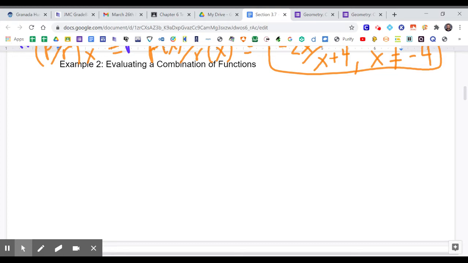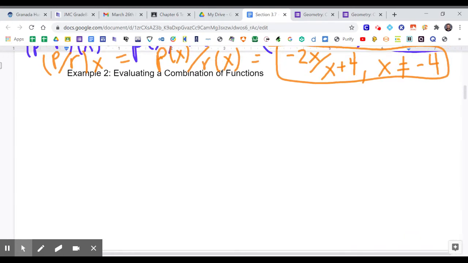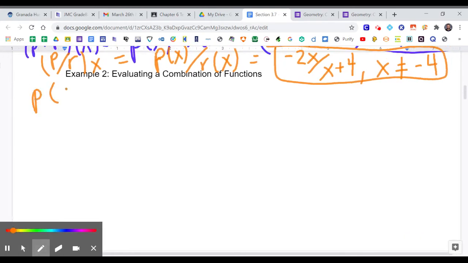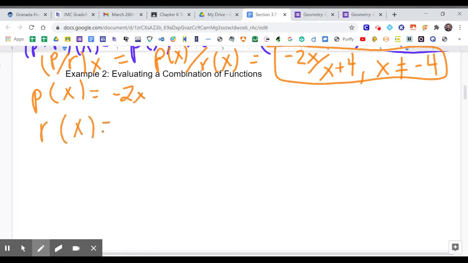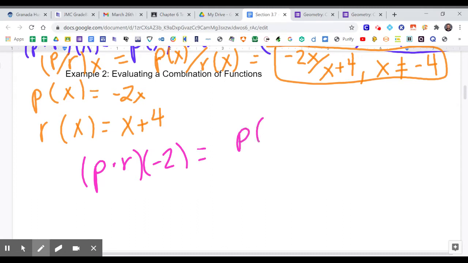So for example, we'll go back to our p of x being negative 2x and our r of x being x plus 4. Let's say they tell us to evaluate p times r of negative 2. What they're really saying is, what is p of negative 2 times r of negative 2?